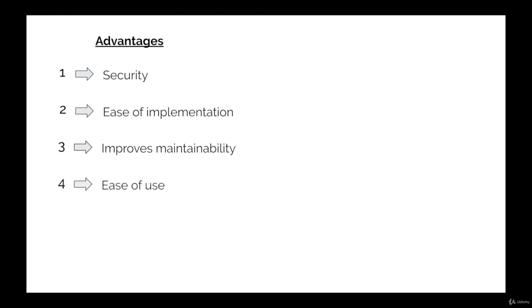The next benefit we have is ease of use. It's very easy to use systems that have abstractions. Imagine a scenario wherein you have to know the programming language or the server information before using the ATM.